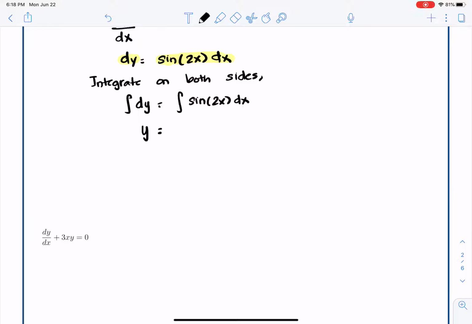Integral of sine 2x is negative cosine 2x divided by 2, and we add a c. That c is the constant of integration, and that is the solution to the given differential equation. Keep in mind, separable equations are the simplest form of first order differential equations, and finding their solution is usually easy.